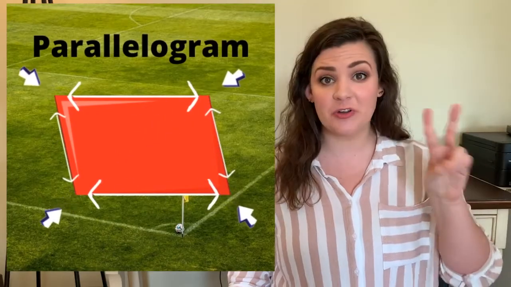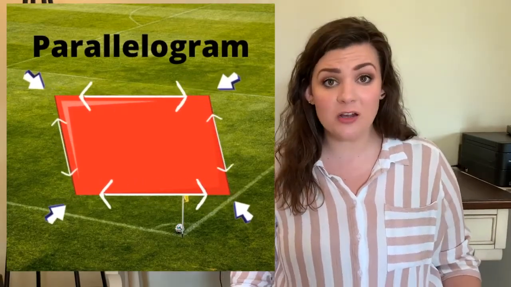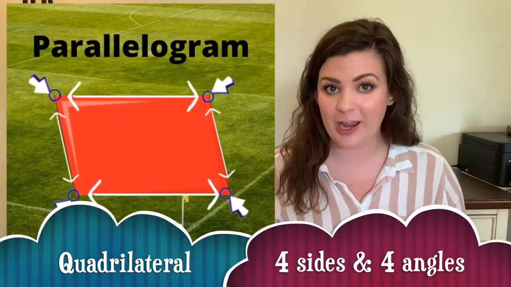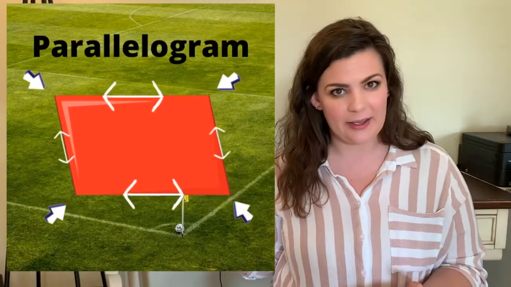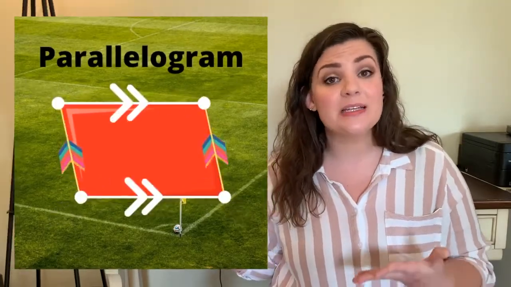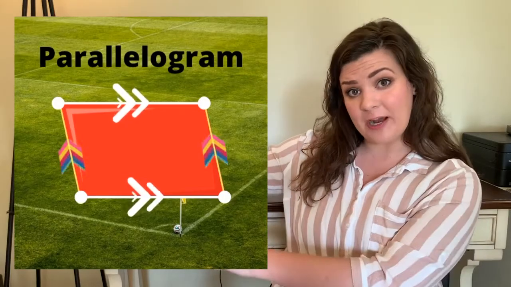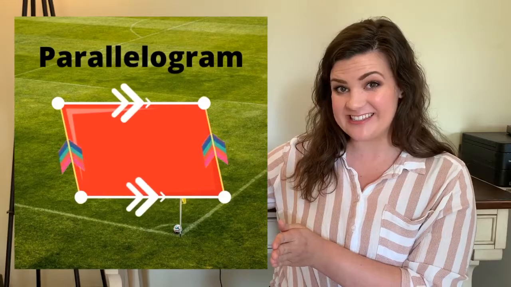Parallelograms have 2 classifications. Just like his sister, parallelogram is also a quadrilateral because he has 4 sides and 4 angles. Now that we know that he's a quadrilateral, let's take a closer look at him. The next step is to check how many pairs of parallel sides that he has. Here is the first pair of parallel sides, and here is the second pair of parallel sides. Can you see them?